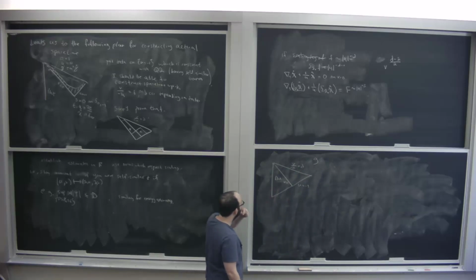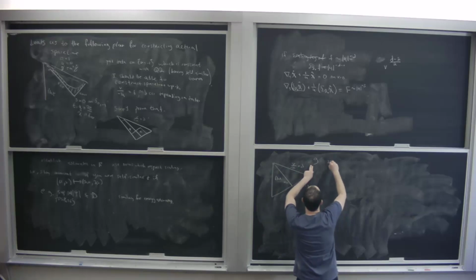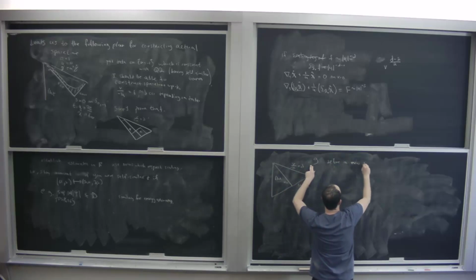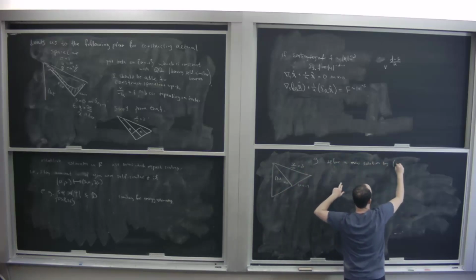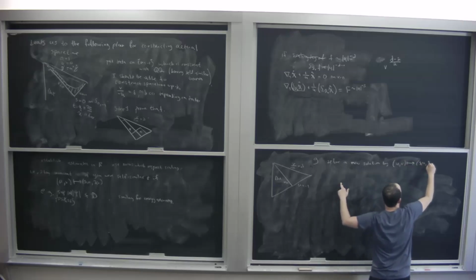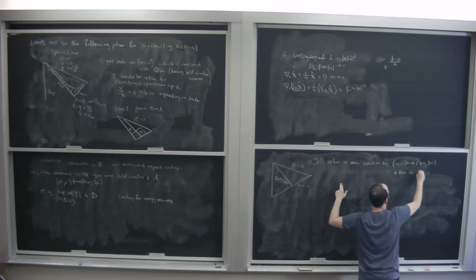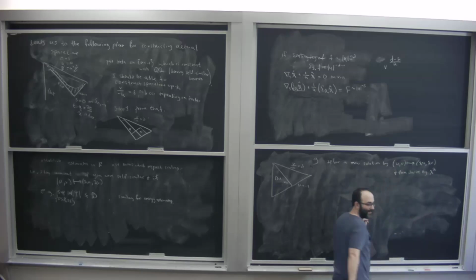So remember the thing which is behind all of the scaling: from my solution, I can define a new metric, a new solution, by doing this change of coordinates and then dividing by lambda squared.